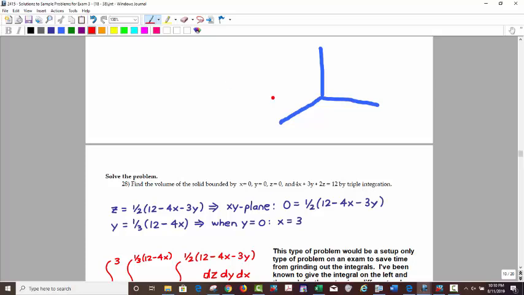The x-intercept will be 3. The y-intercept will be 4. And the z-intercept will be 6.